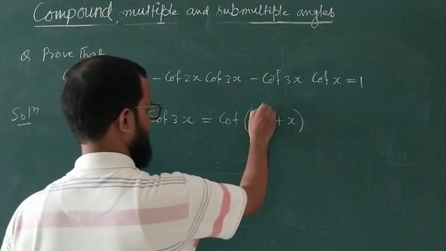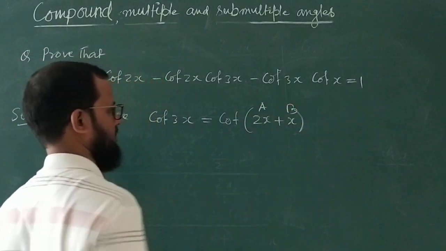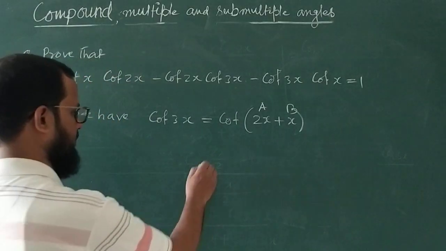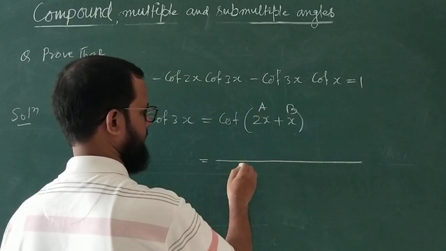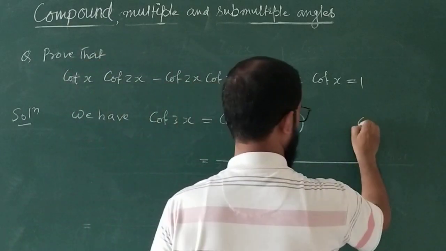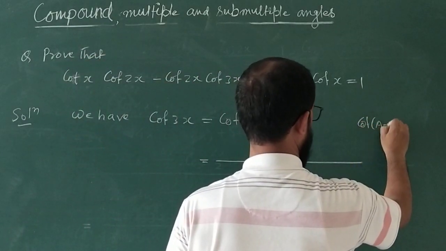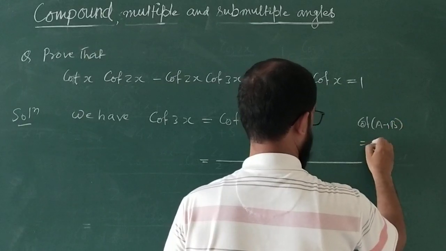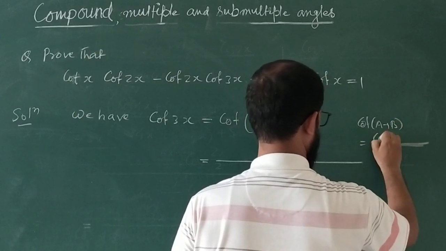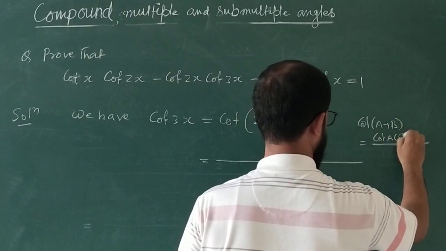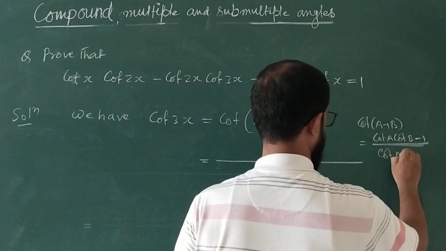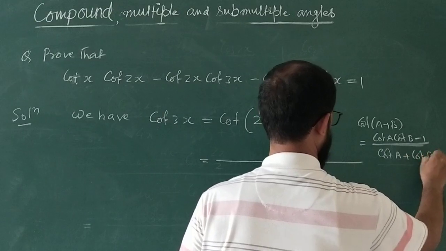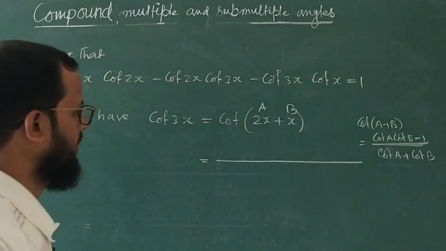Now use the formula. This is your a and this is your b. Cot a plus b. What is the formula? फॉर्मूला एक बार साइड में लिख के रखिए. cot a plus b इक्वल टू व्हाट? cot a cot b minus 1 divided by cot a plus cot b. This is the formula. Okay. So a means what?